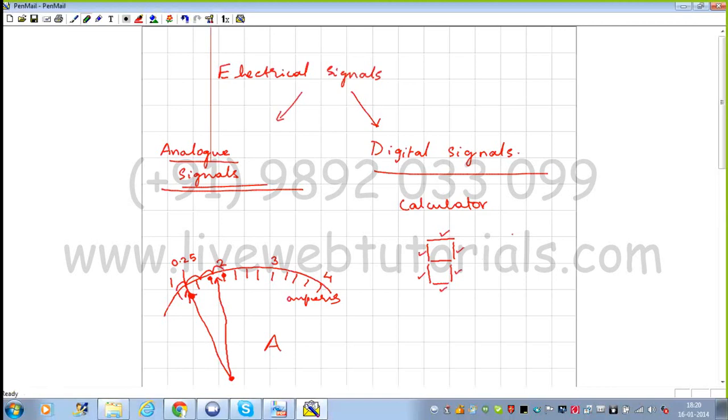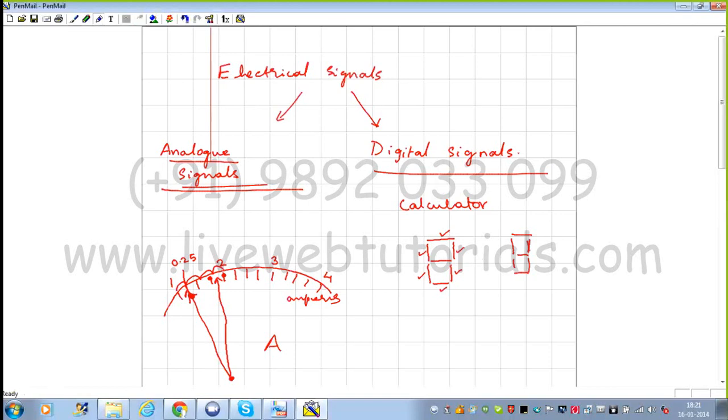For example, if these lines are present, then what is the number that it indicates? 6. Correct, it's 6. That is because this line is not present. If this line is present, then what number is it going to indicate? 8. It is going to become 8.